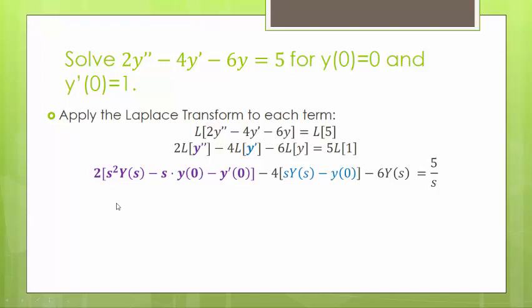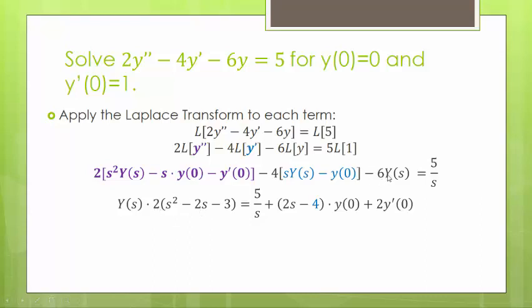We're going to combine like terms on the left-hand side. So you'll notice I have a 2s squared Y of s. Here what I've done is factored out the Y of s. So anything with a Y of s I've combined right here. So 2s squared. Right here I see a negative 4s. So you'll notice I have a negative 4s. I factored out the 2.